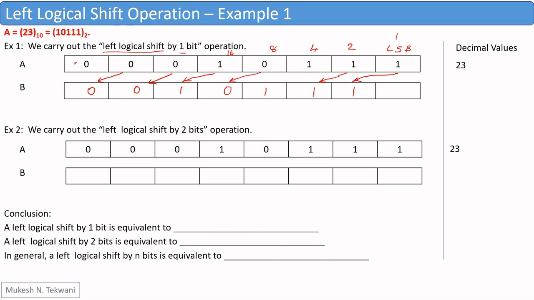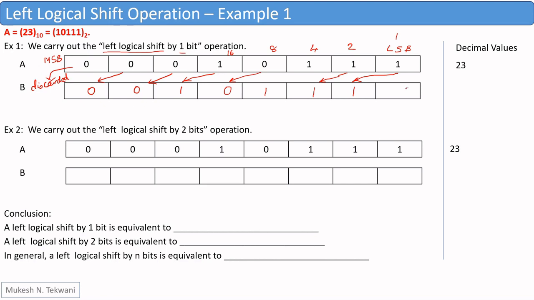Now observe what happens to this bit 0, which is the most significant bit in our original number. There is no position where this can shift, and therefore this bit simply falls off, or we say that this bit is discarded. So it is no longer used here.